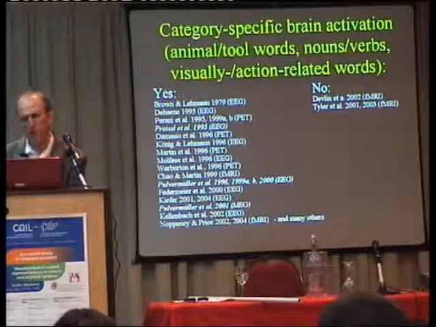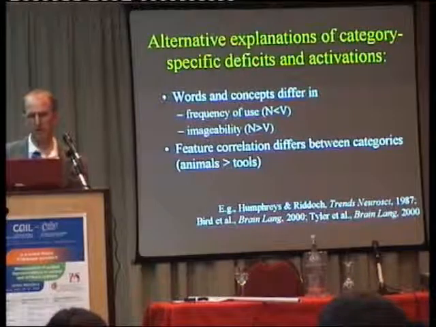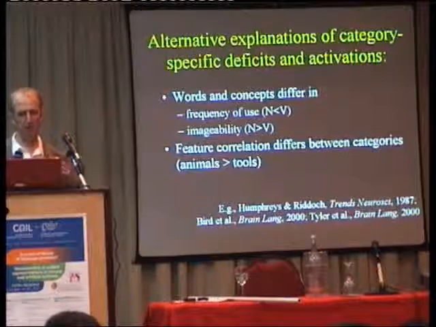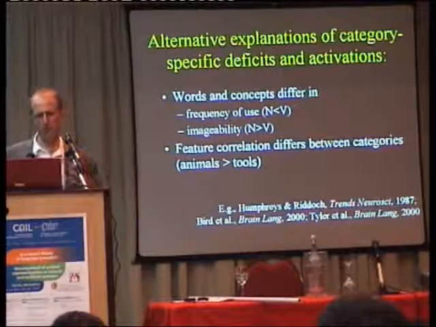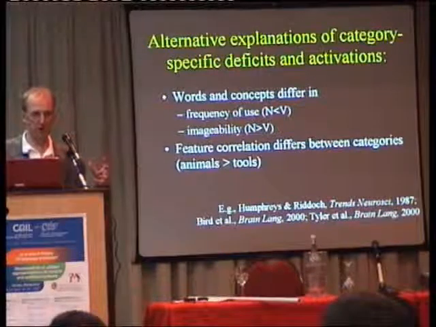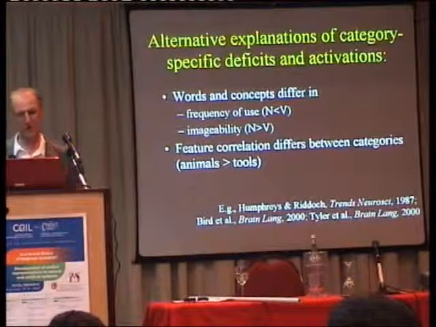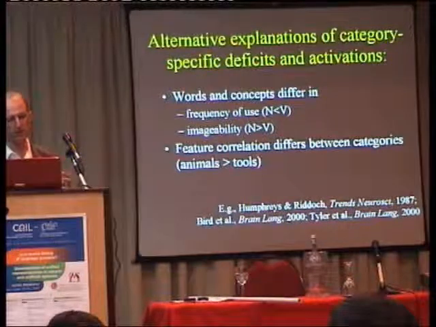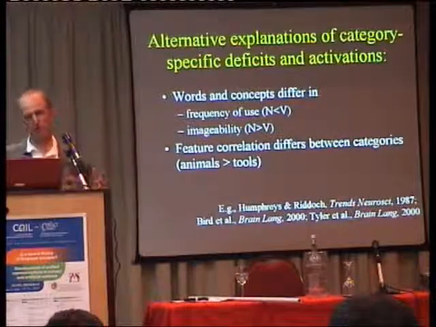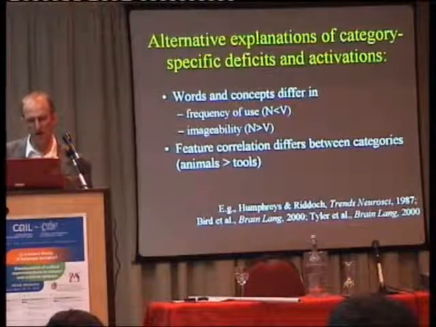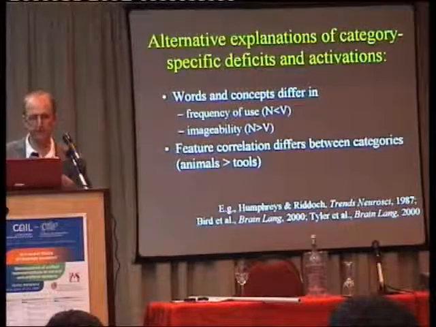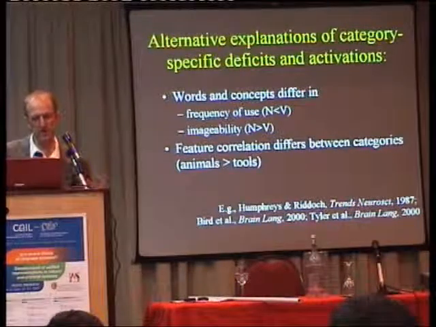The more problematic thing about these early category-specific neuroimaging results is the following. Some authors claimed that there are important confounds in the early studies, namely that words and concepts may differ in their frequency of use, in their imageability, and this may not have been appropriately controlled in some of the early studies. And then there are also intrinsic features of different conceptual, semantic categories.